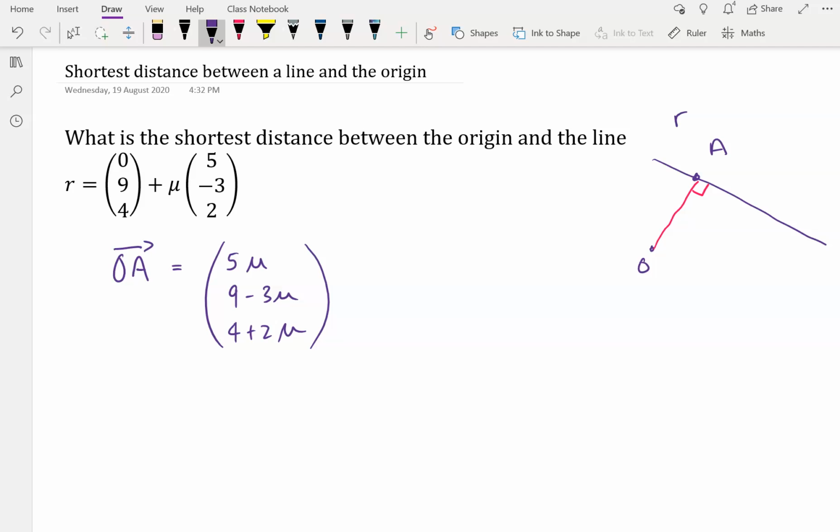Now, I'm going to call another point on that line B, simply because I can tell you that I also have a direction vector AB, and that's given by the direction vector of the line. That's going to be (5, -3, 2). I don't have to worry about which way it's going because I've got this multiplying factor of mu in front of it.